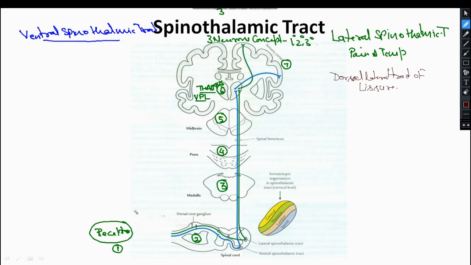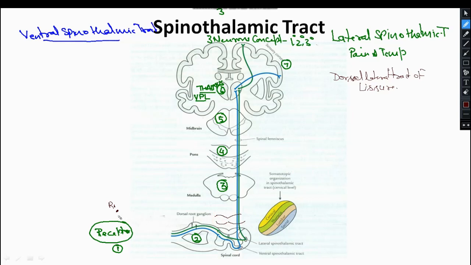For this, say there is a receptor, receptor R1. Clear? This receptor R1 is present at the level of the spinal cord, say T10. Let me draw the spinal cord.